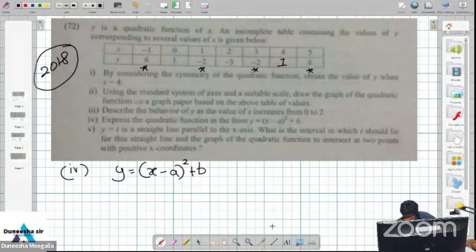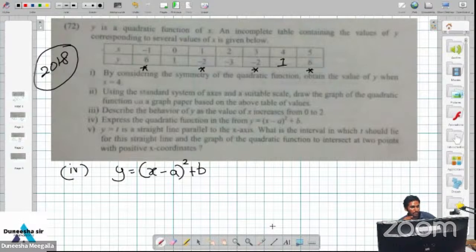Can you read the fifth question clearly? You have to draw a straight line parallel to x.